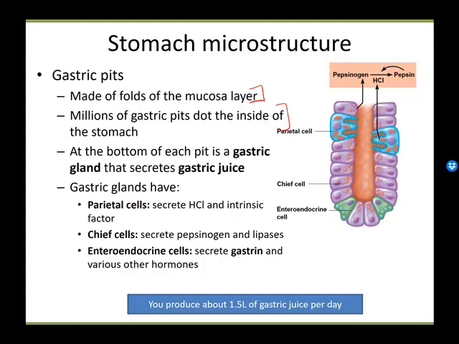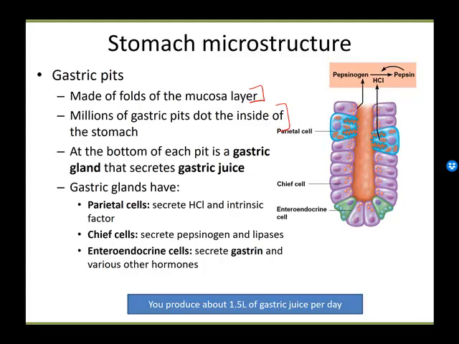Intrinsic factor. And maybe it sounds familiar to you. If you remember back to blood clotting, we needed intrinsic factor to absorb our vitamin B so that we can make our blood clotting factors. So it's these parietal cells that produce the intrinsic factor to allow us to absorb our vitamin B.